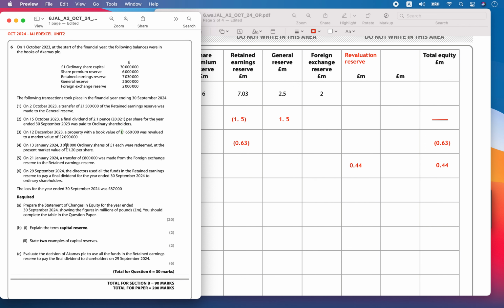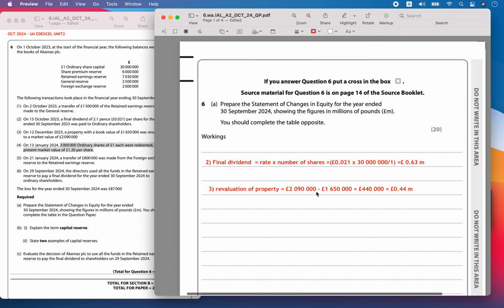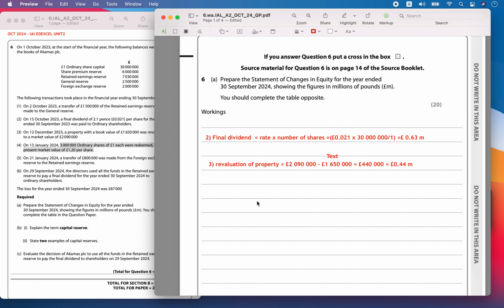Then redeemable shares. On 13th January 2024, 3 million ordinary shares of £1 were redeemed at the market price of 1.2 per share. So let's calculate how much the redemption cost.